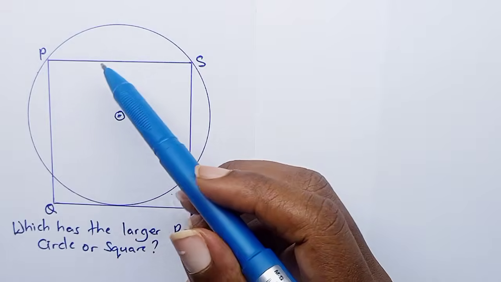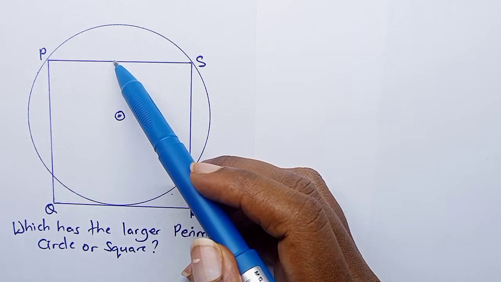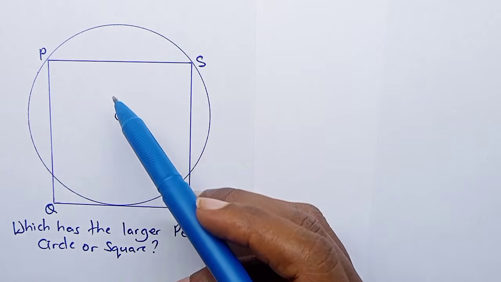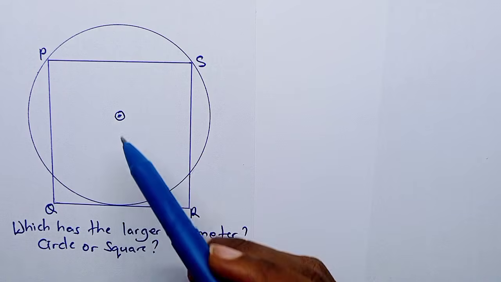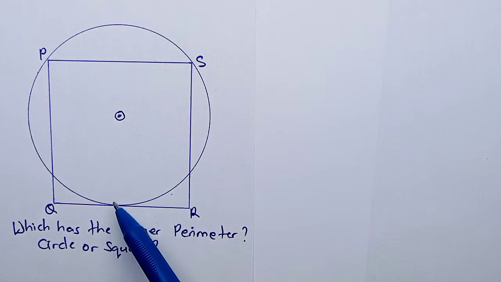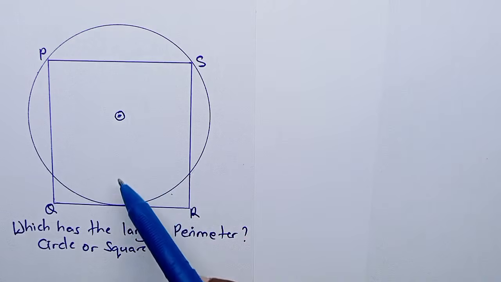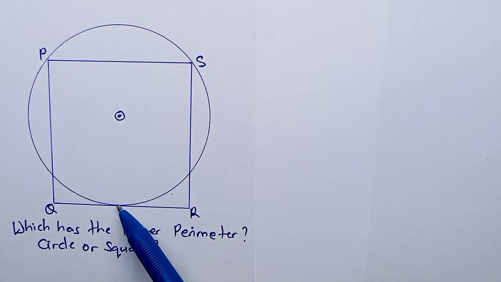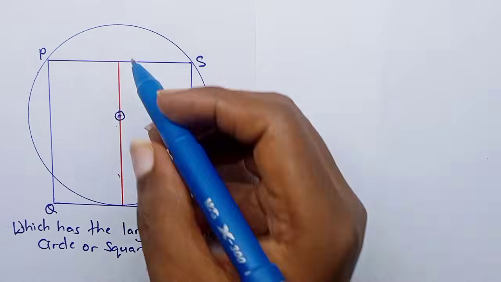Now, let's draw a vertical line from a point, say, T, around here, so that it passes through the center of this circle up to this point here, meeting the tangent, a point of tangency. So as you can see, I've drawn the vertical line.